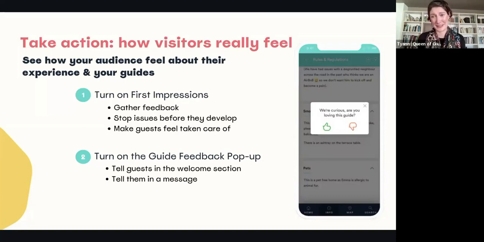And no one wants to see a dirty nappy. So Tyann sent them the first impressions topic in a text message. They clicked through and were able to tell her they weren't having a great experience. She was able to immediately send someone from her cleaning crew, remove the nappy and make it up to them. So she turned this negative experience into fixing it very quickly and ended up with a happy 5-star review.